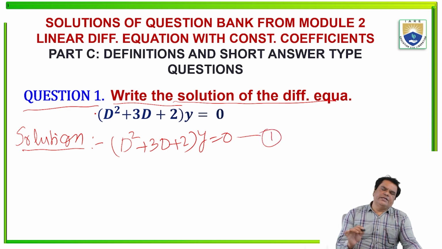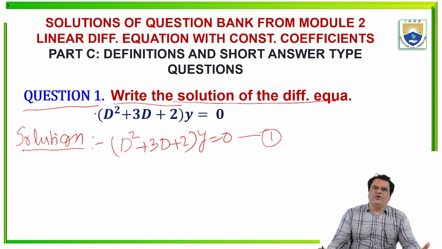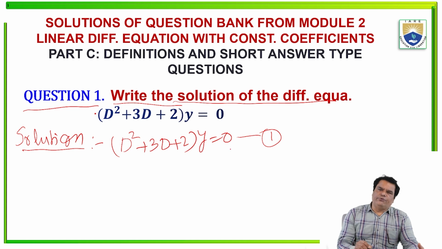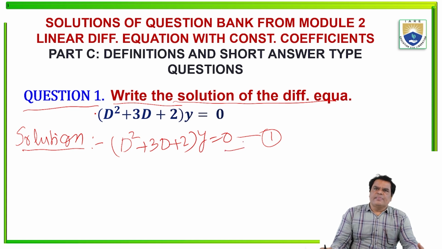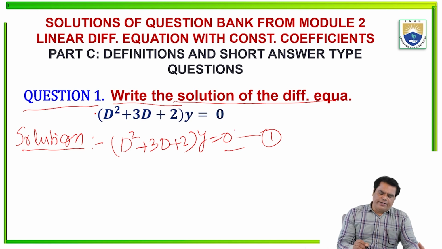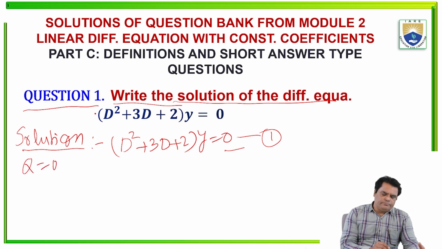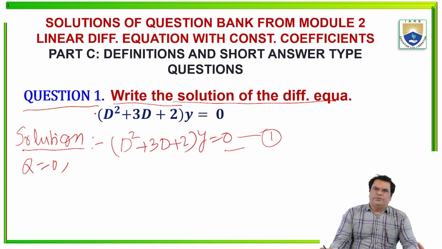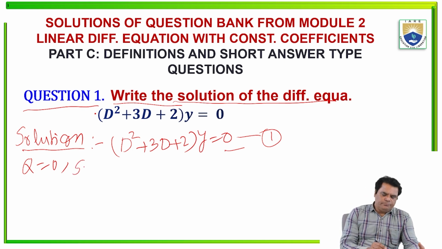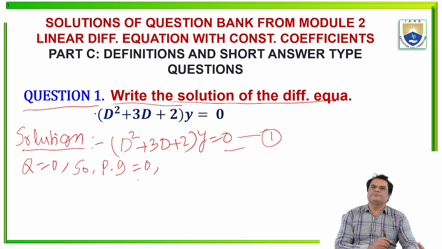Now this is a differential equation of second order with constant coefficients and the right hand side is 0. In this question, this is the value of Q. Q is 0 here, so PI, the particular integral, is 0.